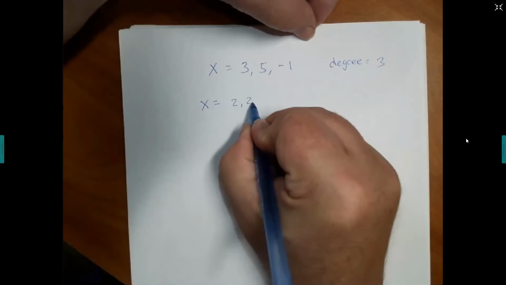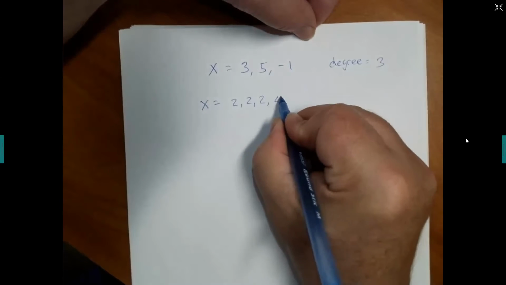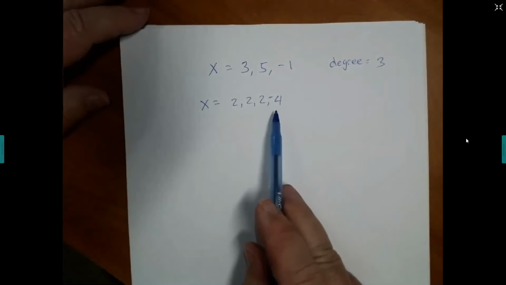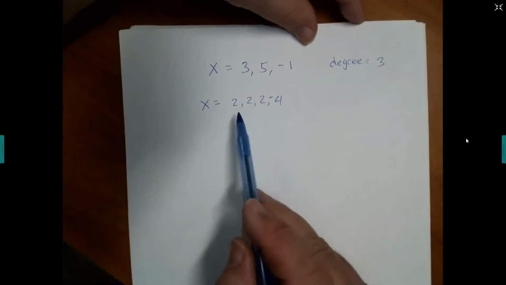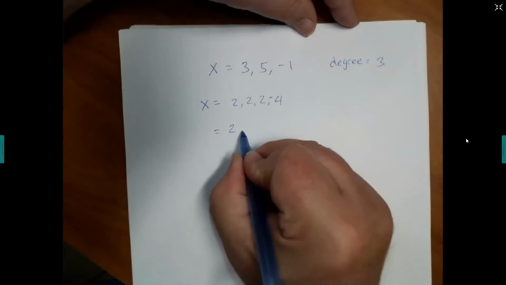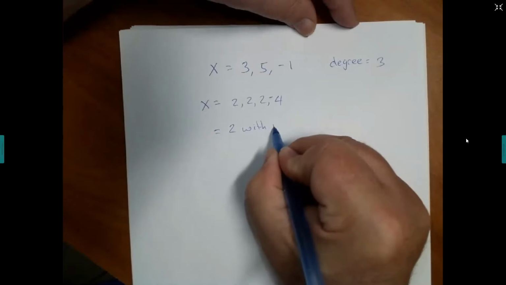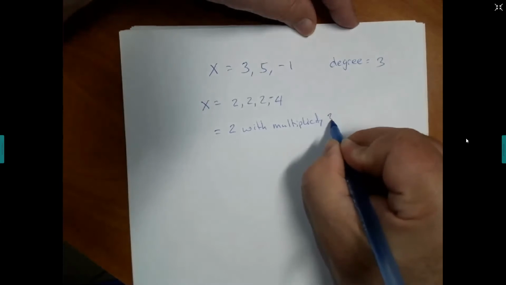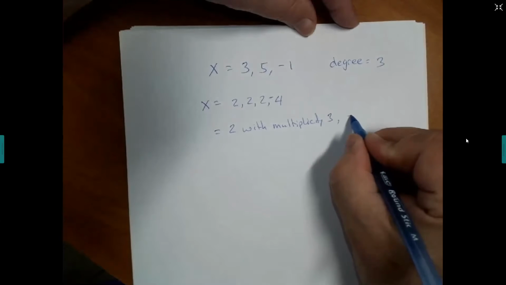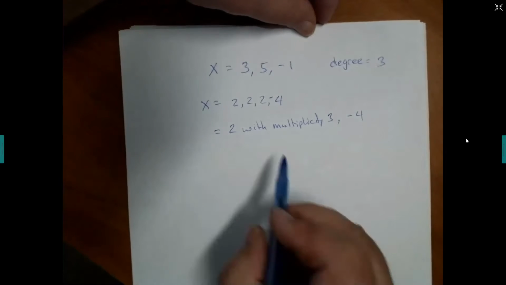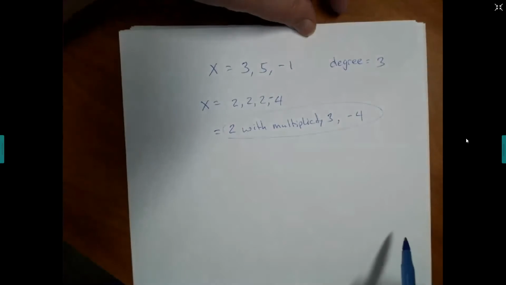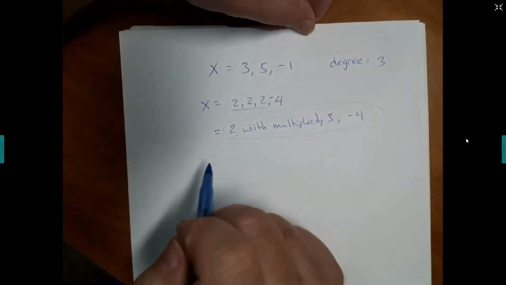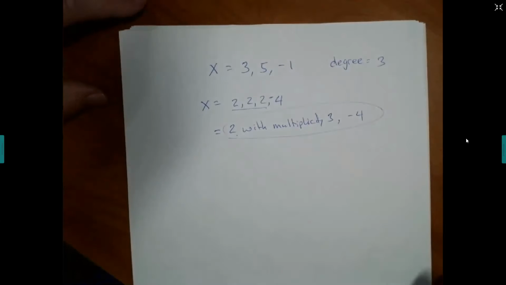If 2 is a multiple, or if you have repeating answers, then you'd write it this way or 2 with multiplicity 3. This is how you typically see it in textbooks. You'll see 2 with multiplicity 3, which means it happens 3 times. Very good question. I'm glad you asked.